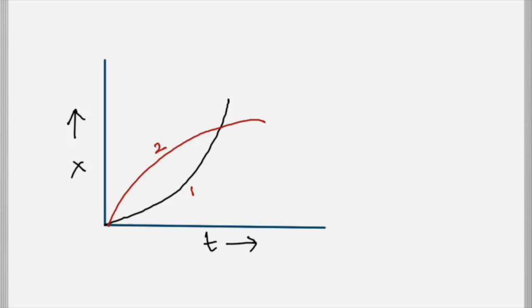If an object is going to the east and it's slowing down, then its acceleration is to the west. If the object is going to the east and speeding up, then its acceleration is also towards the east. So if an object is slowing down, then its acceleration is opposite to the direction in which it is moving.